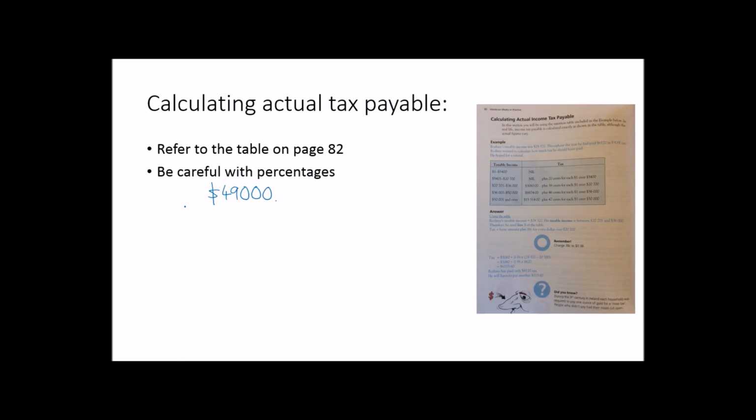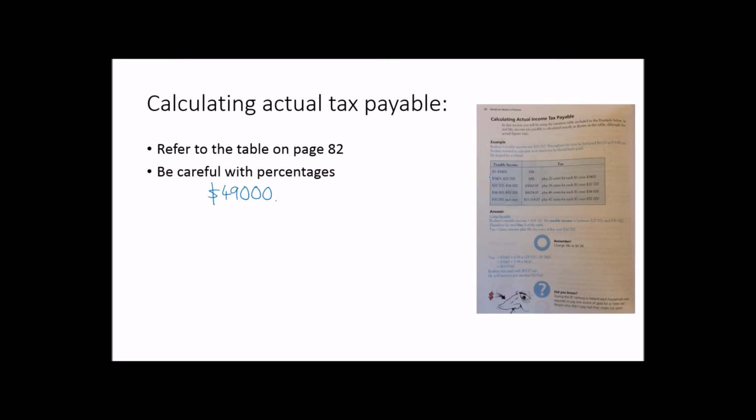So I'll flick over to a blank page and we'll start off with our example of taxable income equals 49,000. When we look back to this table, now this is rather old. The tax system has changed a bit since this was done, so these values don't actually apply anymore.